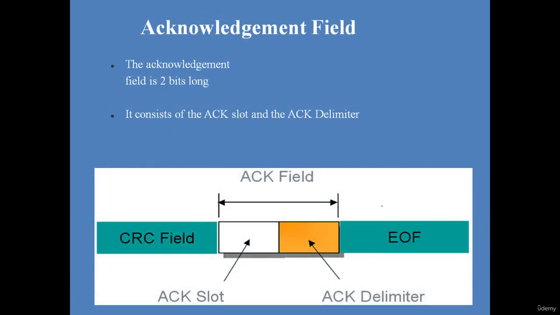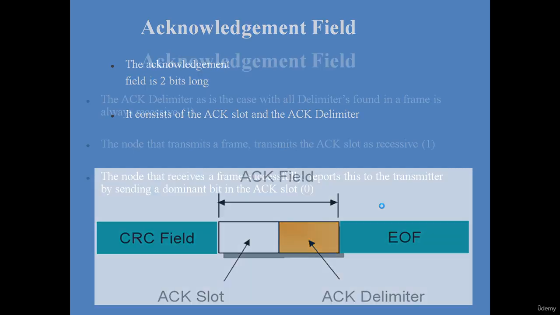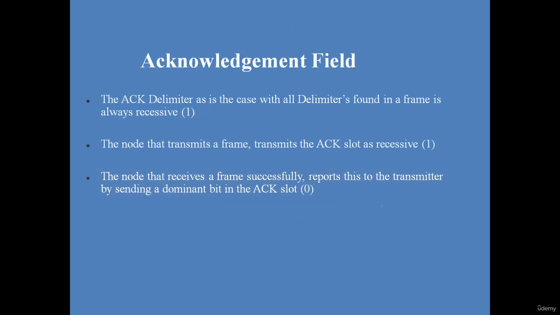Now the acknowledgement field. This field is 2 bits long. It consists of the ACK slot and the ACK delimiter. The ACK delimiter, as is the case with all delimiters found in a frame, is always recessive. In the case of the CRC delimiter, it was recessive. Same in the acknowledgement field, this ACK delimiter is recessive. So for all delimiters, the value is recessive, that is 1.